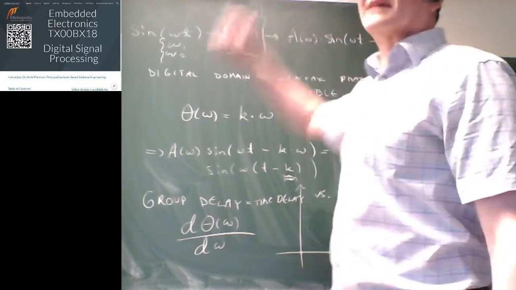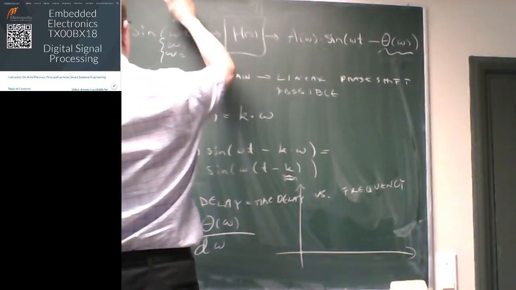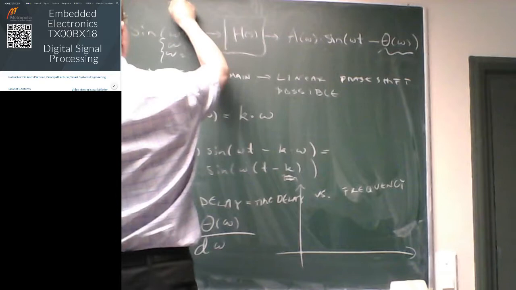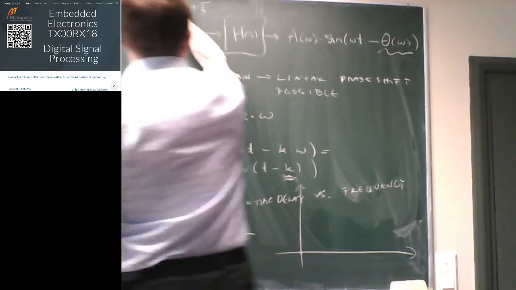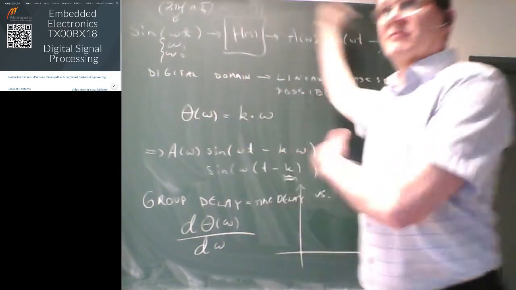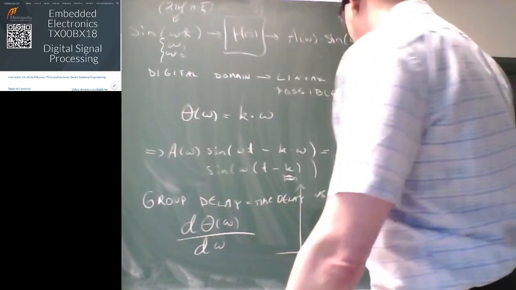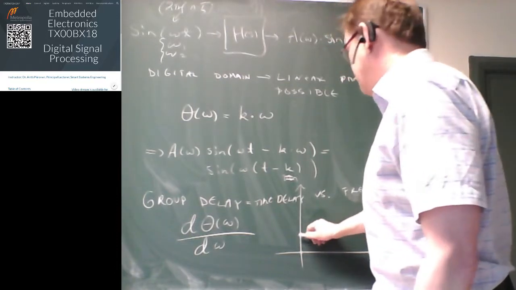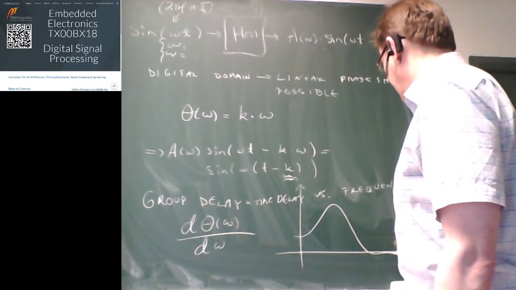This is exactly the same also for sampled systems, so 2 pi f n times Ts would do exactly the same thing. Typically the group delay for a low pass filter would look something like this.